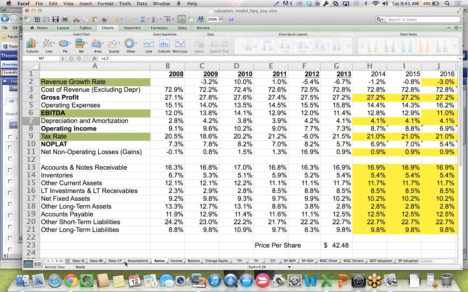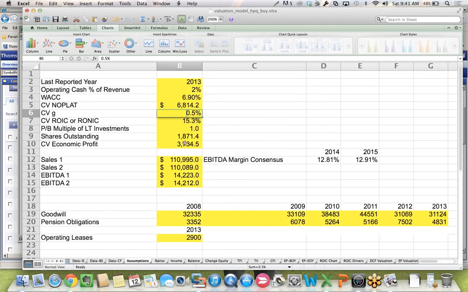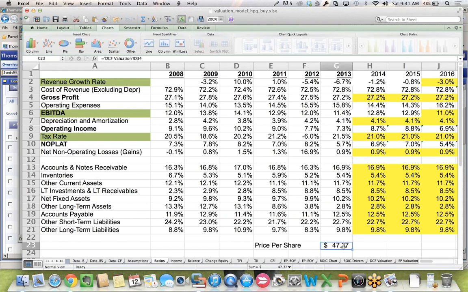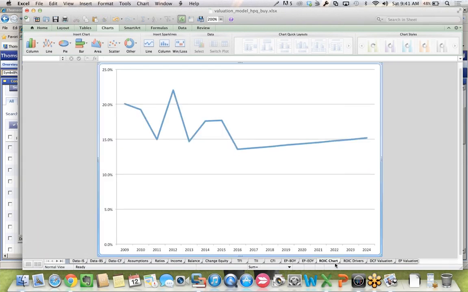All right. And if I go back to my CVG, 2% as well, then that's where you're getting into the high 40s. Now, what's interesting is if we look at the ROIC chart, we're still seeing a lower ROIC than in the historical part.